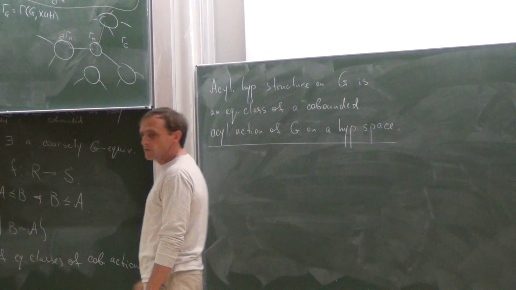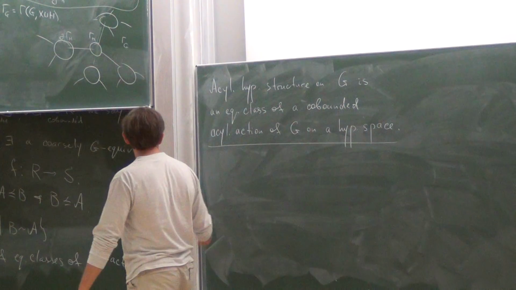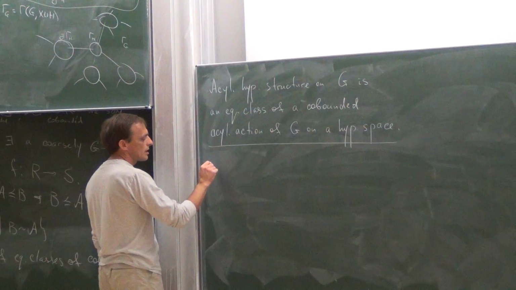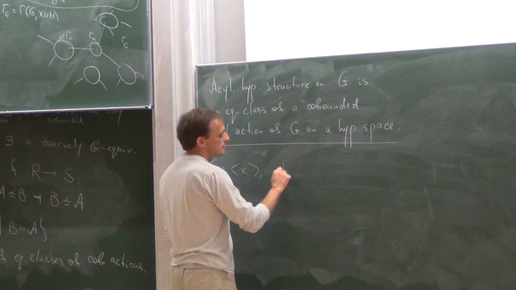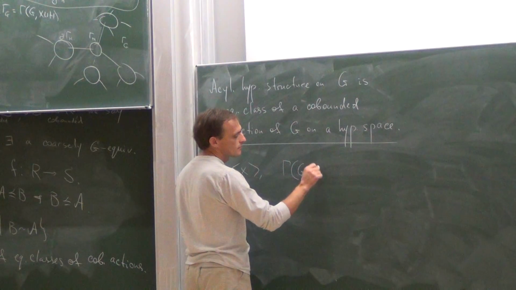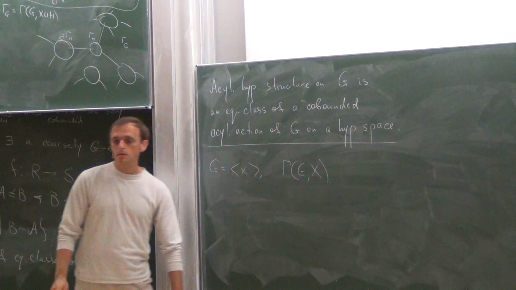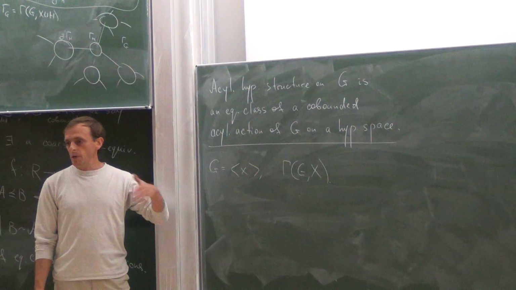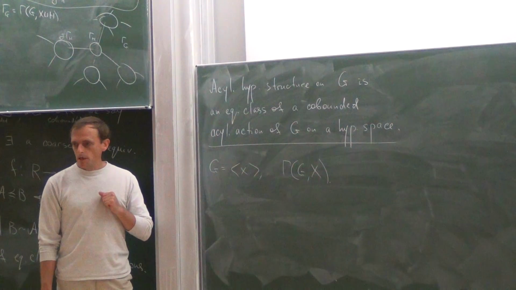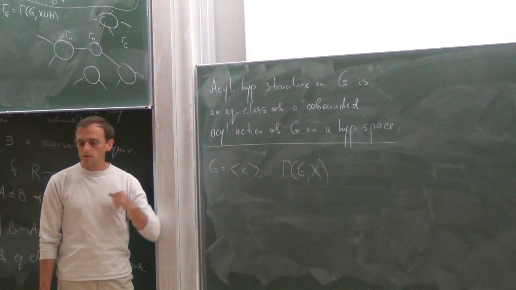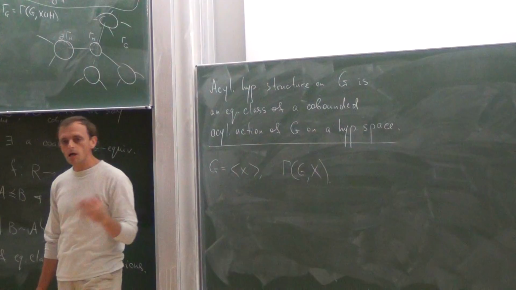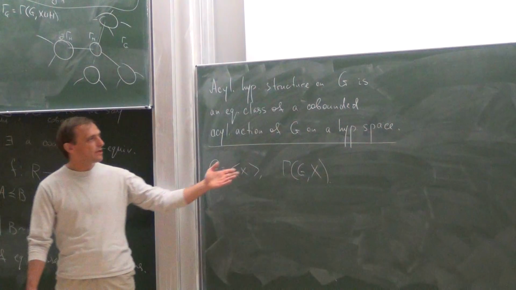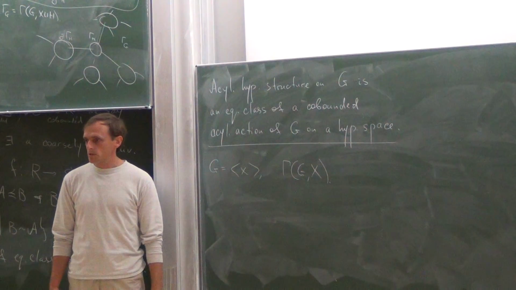So you remember one of the definitions of an acylindrically hyperbolic group is that G is acylindrically hyperbolic if G is generated by X, and the Cayley graph corresponding to this space is non-elementary, the action is acylindrical, and this Cayley graph is hyperbolic, right? So every acylindrically hyperbolic group has at least one non-trivial acylindrically hyperbolic structure.